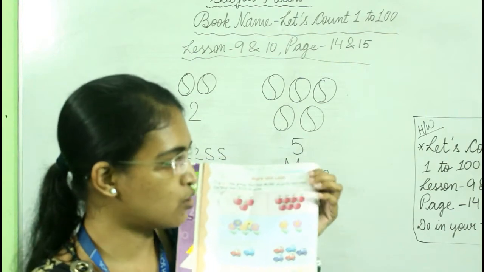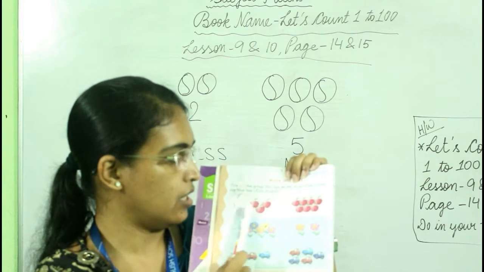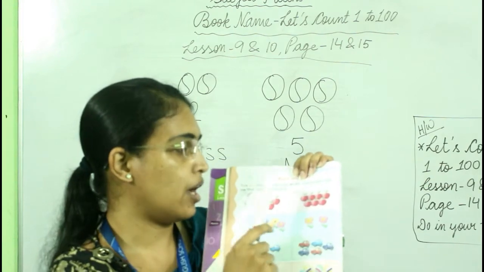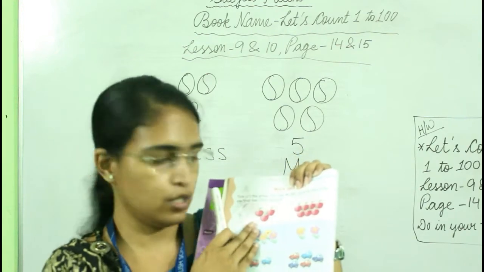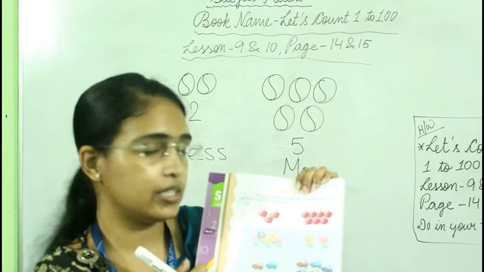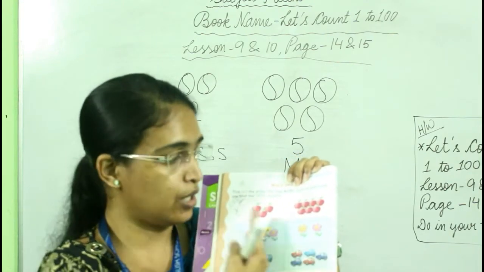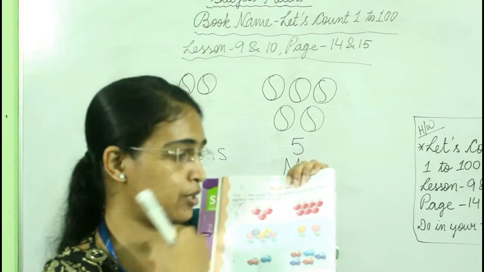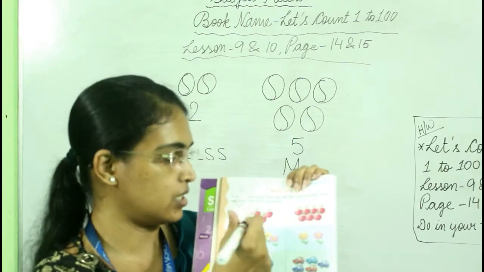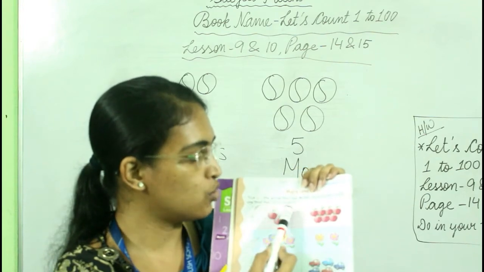Okay. So now look here. What are these? These all are apples, right? So here we have apples and in this side also we have apples. But now we have to count and let's see in which side we have more apples and in which side we have less apples. Let's count. 1, 2, 3.